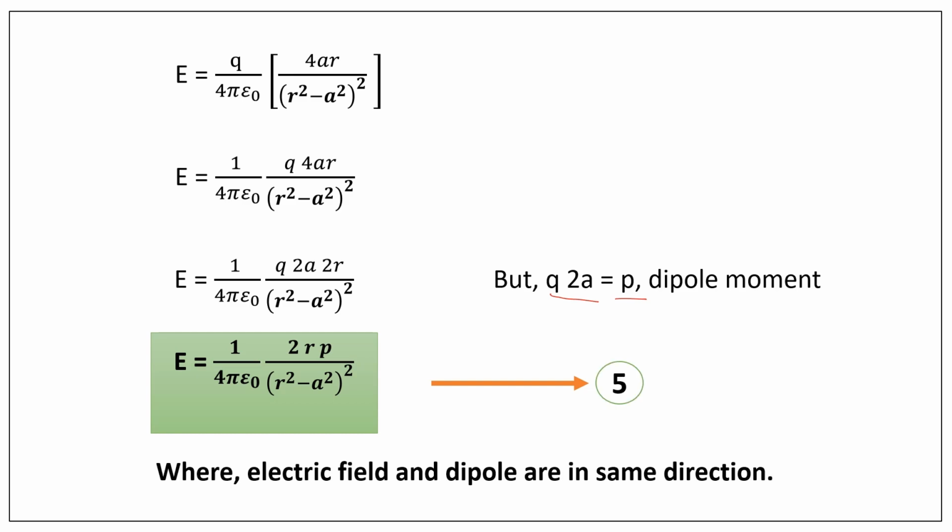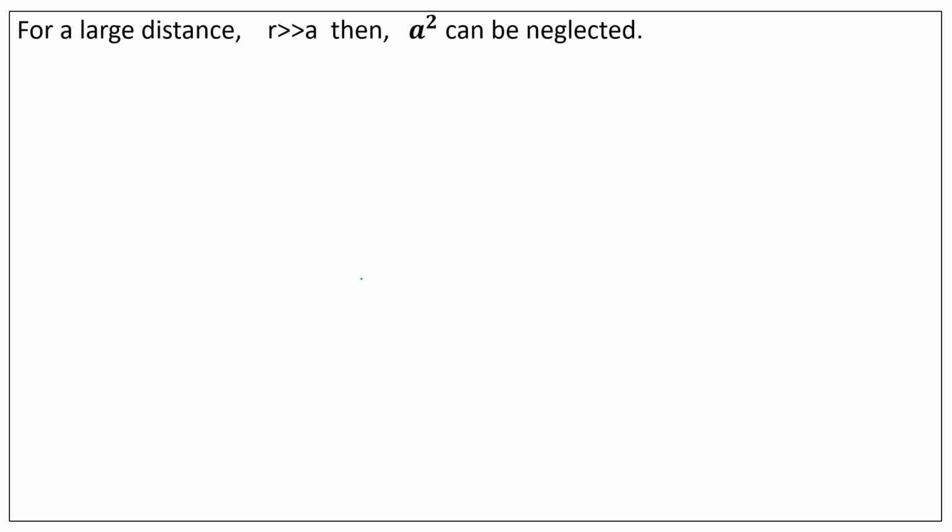Mark it as equation 5, where electric field and dipole are in same direction. For a large distance, R is much greater than A, then a square can be neglected. Therefore, equation 5 can be written as E is equal to 1 by 4 pi epsilon naught into 2RP by (R square) whole square.